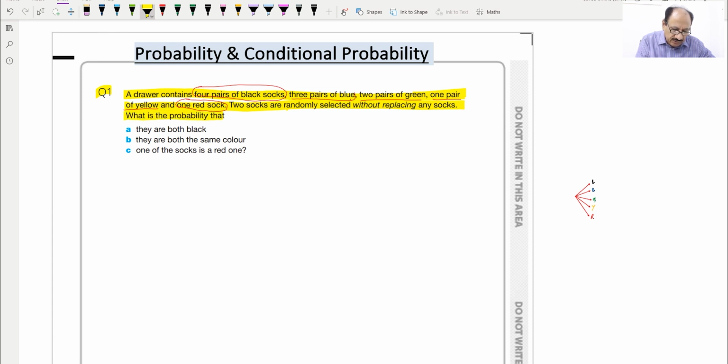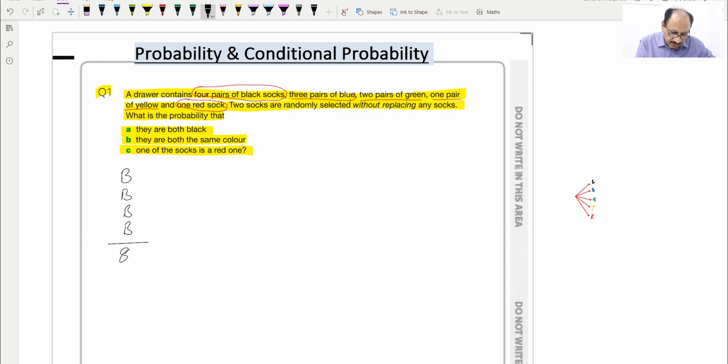What is the probability that A part, they are both black, B part, C part is also there? We will go through this. First, we need to understand the wording of the question. For example, there are 4 pairs of black socks, so we can write it as black, black, black and black, and these are 4 pairs, meaning 8 socks.